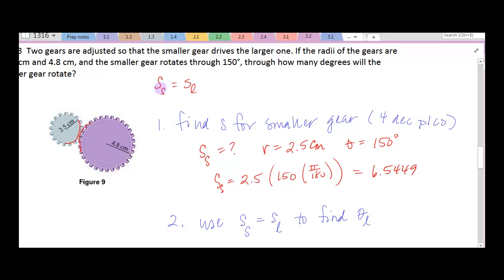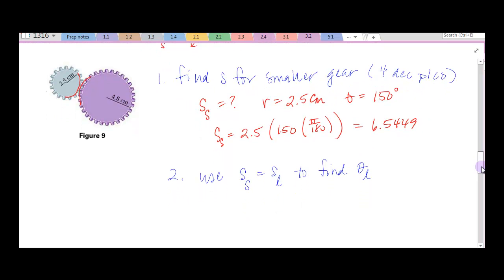So I know what the arc length is then of the smaller gear, and I'm suggesting that that's the same length as the larger gear. So I'm going to use that to find out what theta is for the larger gear. So the arc length of the larger gear would equal the radius times theta of the larger gear.